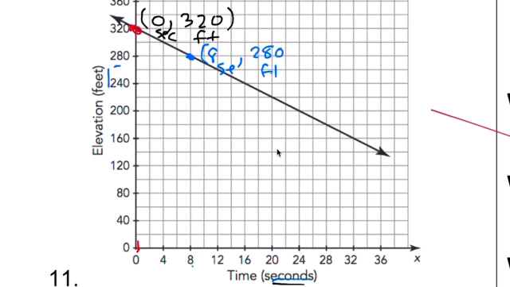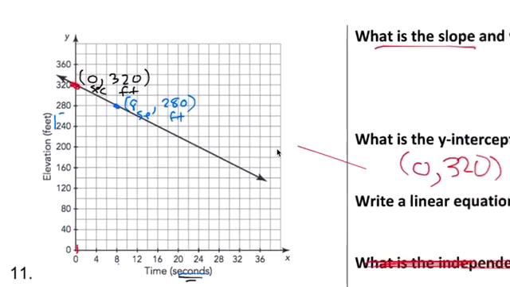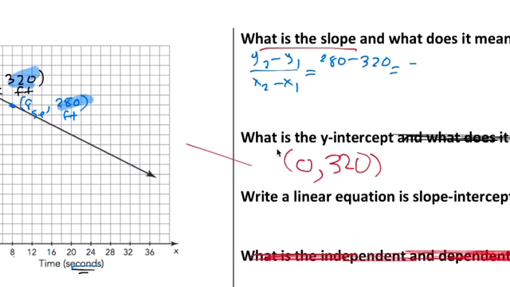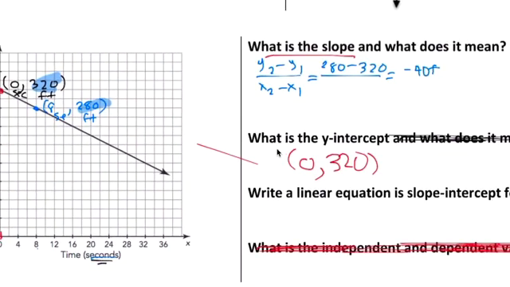Right here, this is the feet. Okay, and then to find slope, you do y sub 2 minus y sub 1 over x sub 2 minus x sub 1. And the y's are 280 minus 320. These are your y's. And they're feet, right? So you get negative 40 feet, and then on the bottom is 8 minus 0, which is 8.